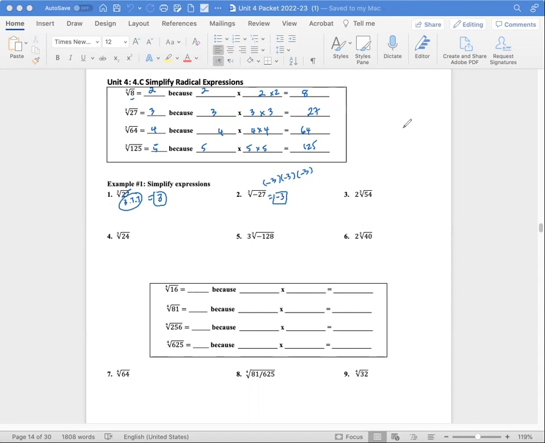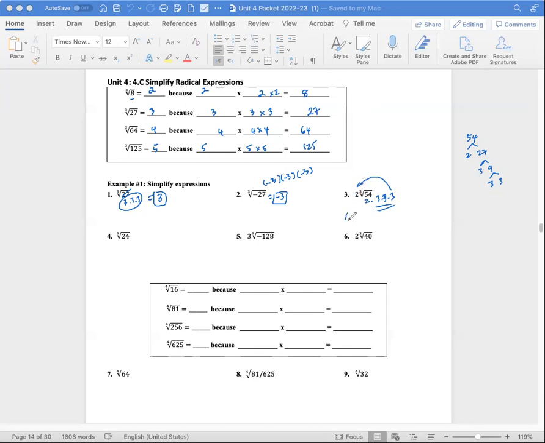Now 54. If you break it up, it's 2 and 27, and you already know 27 is 3 3s multiplied. So from here, you have 2 and technically 3 cubed, or 3 times 3 times 3. The 3 3s become 1 3 on the outside, and they multiply the existing 2 here.